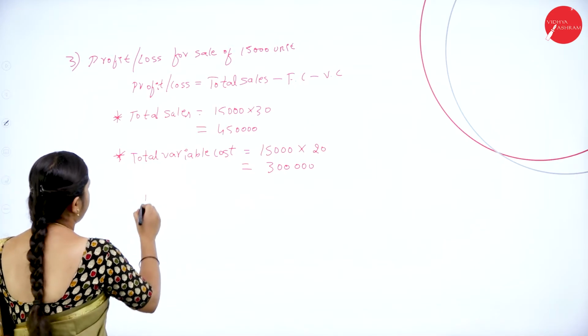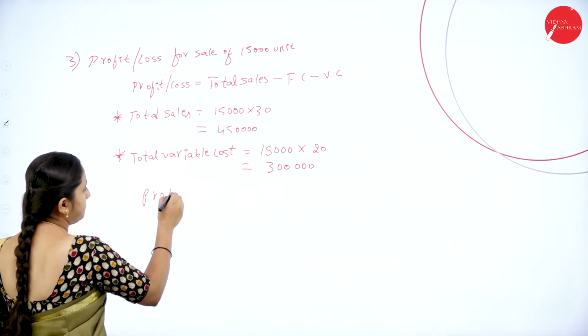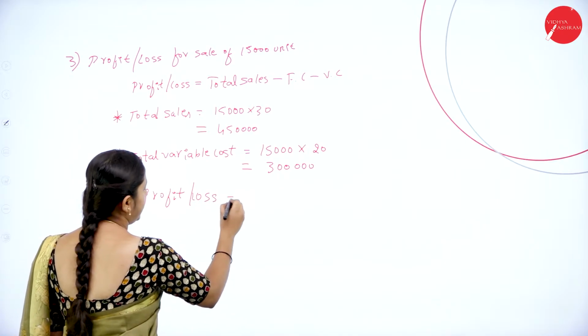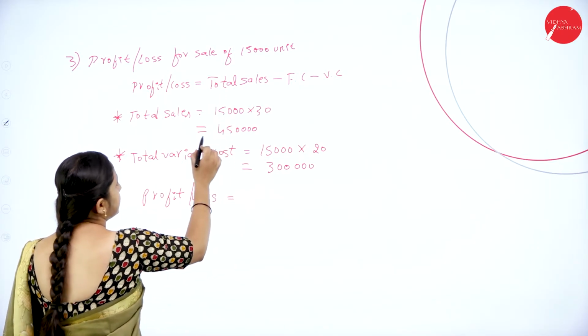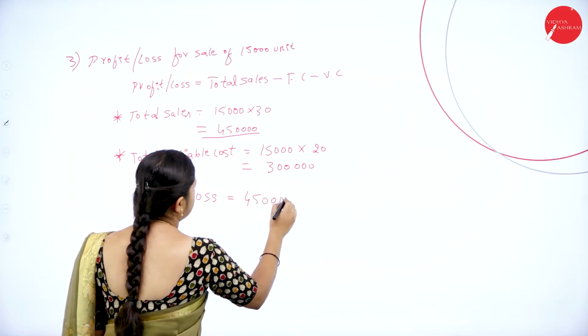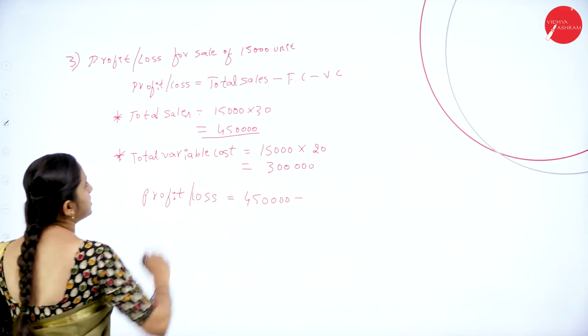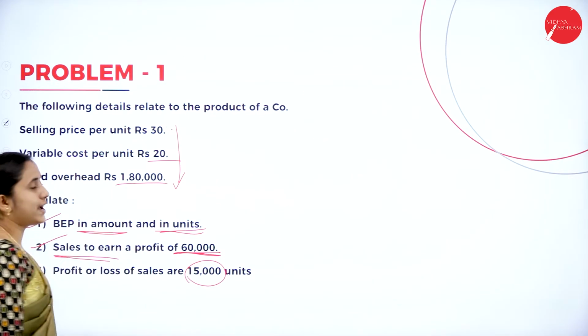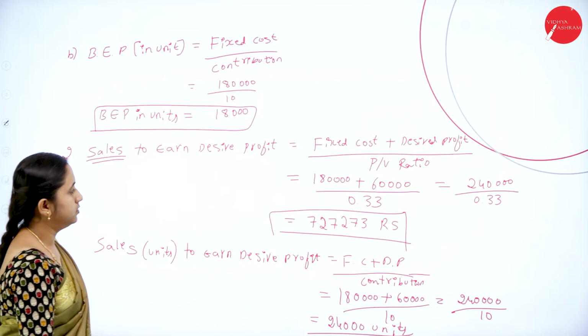So, write profit or loss is equal to total sales. Total sales 4,50,000 minus fixed cost. Fixed cost is 1,80,000.